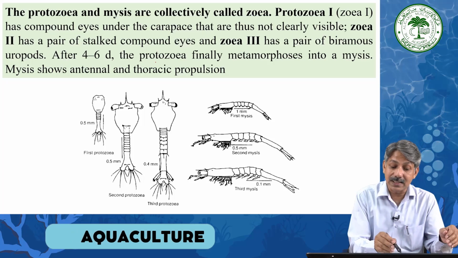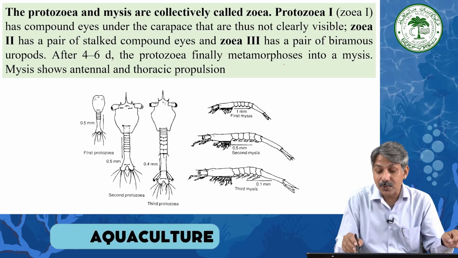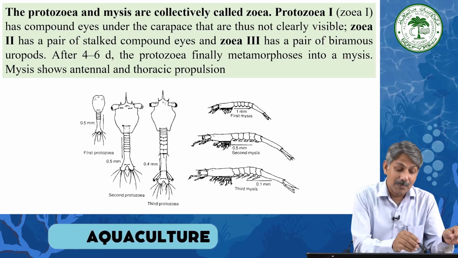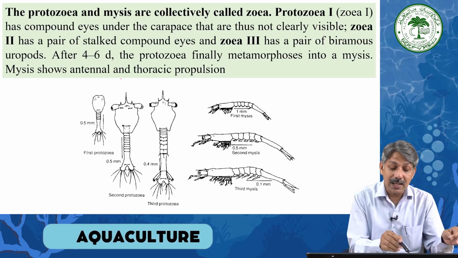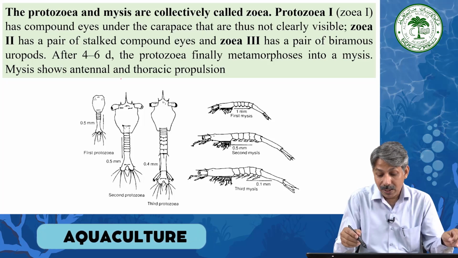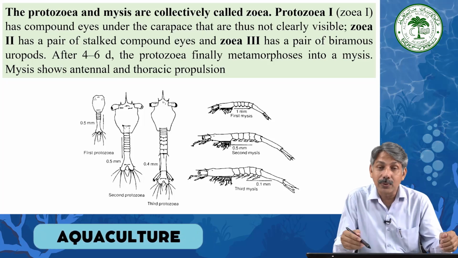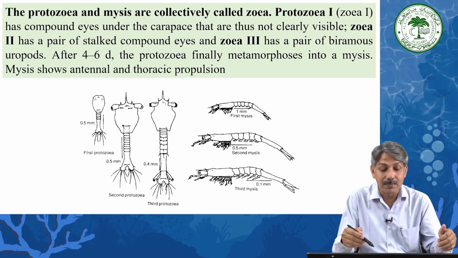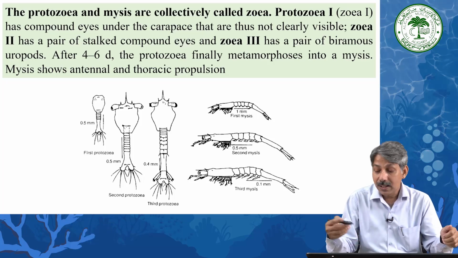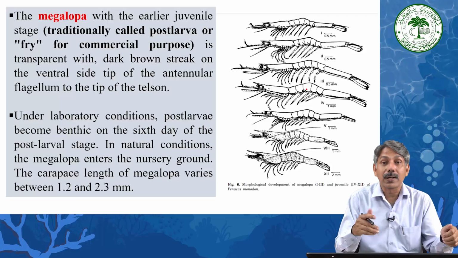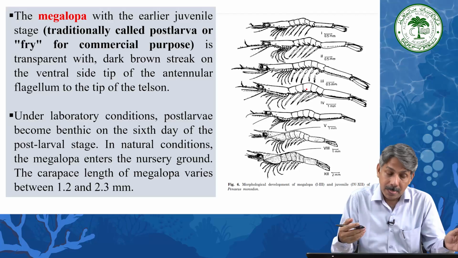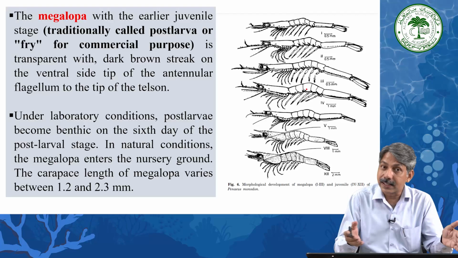After 4 to 6 days, the protozoea finally metamorphoses into a mysis. Mysis shows antennal and thoracic propulsion. This way you can differentiate between different zoea stages, and that is very necessary when you are going to get these for starting your culture practice.